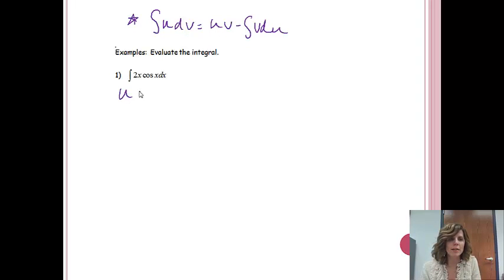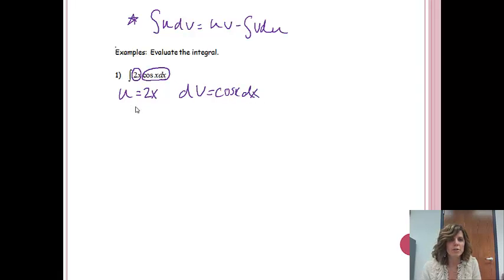So that's what we're going to use to help us out. I need to identify a u and a dv. u is usually something that if I take the derivative of it, I'm going to get a simpler part. So if I let the 2x be my u, that will work, and then the rest of it, cosine x dx, will be my dv.